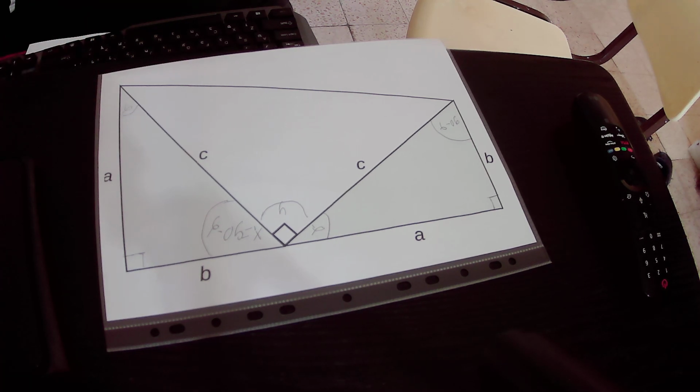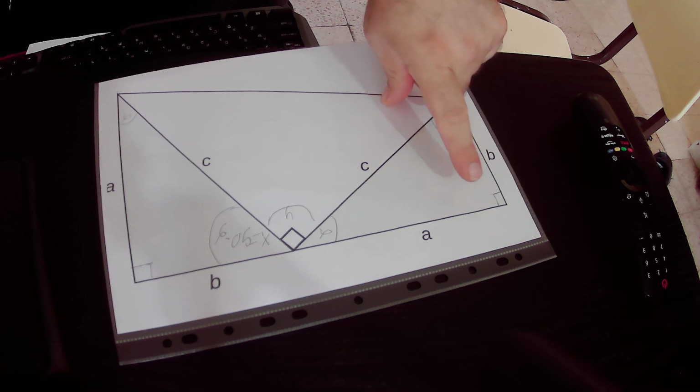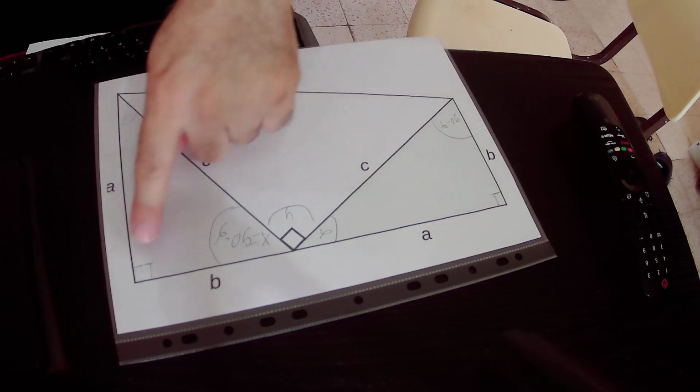We have two sides that are equal in these two triangles, and also the angles between these two sides are equal to each other.